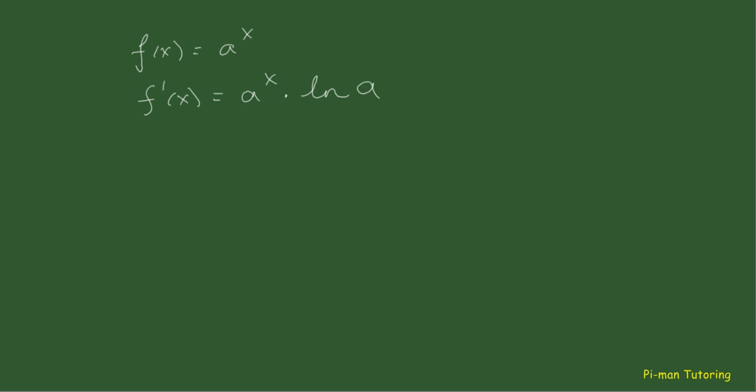But we still don't know what is the base of this natural log thing. Natural log is the log in some base that we don't know. If we knew what that base was, then we would have a very special function, because the log in base 2, for example, of 2 is equal to 1.